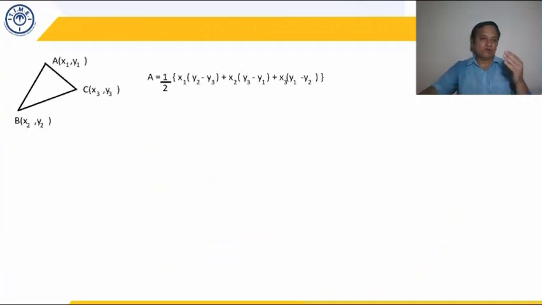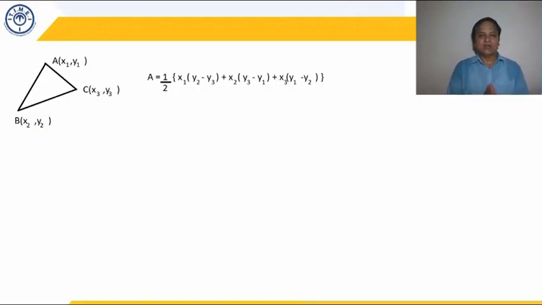Moving to the case where the three vertices A, B, C of a triangle are given, we are supposed to find the area of the triangle. So area is half. Now we remember the order 1, 2, 3. The x coordinate remains outside the bracket and inside the bracket is the difference of y coordinates. What do I mean by this?